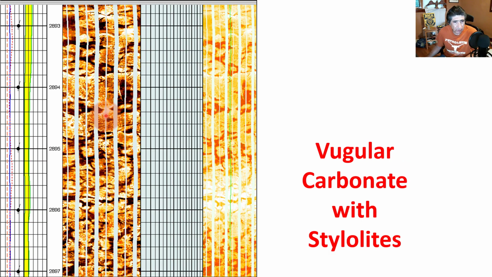Let's return to electrical resistivity images. So here's another vuggy carbonate that has some stylolites present in some of these areas. But you can see the beautiful, beautiful variability of pore sizes that we have in this carbonate. And I want to clarify that some of this variability is three-dimensional.